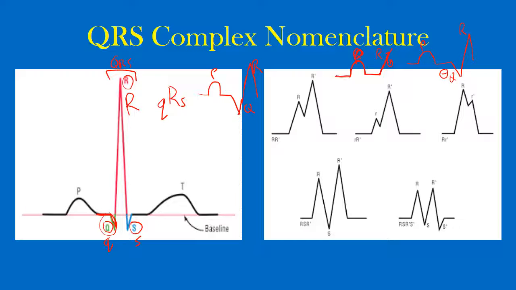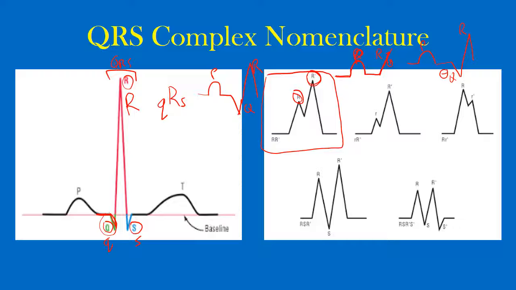Now note how the complex in this upper left image has two R waves, this R wave and this R wave, which is called an R prime. It's called an R prime because it just represents another R wave. So just for nomenclature reasons, the first R is called an R, and the second R in the same QRS complex will be called an R prime.